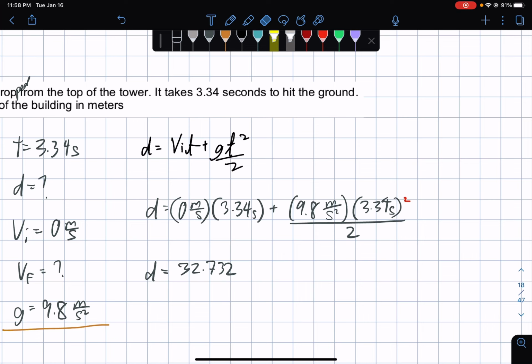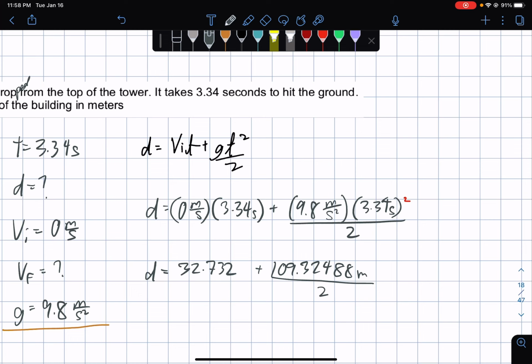So, 3.34 times 3.34 is, multiply it with 9.8, you get 109.32488. Make sure you write everything just to be safe.